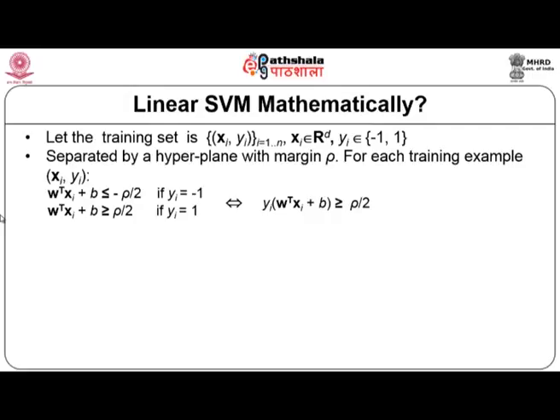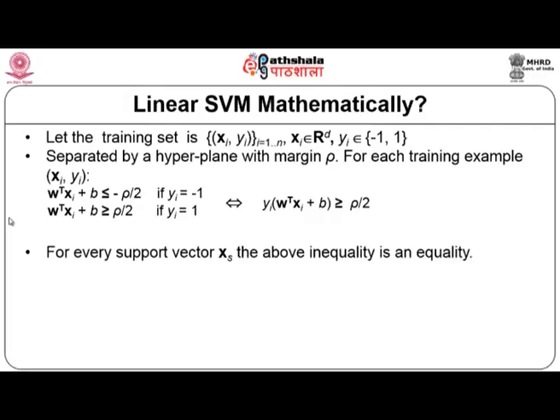For each training example xi, yi, wt xi plus b is less than or equal to minus rho by 2 if it is on the negative side, and it is greater than or equal to rho by 2 if it is on the positive side. So, you can say that yi times wt xi plus b is greater than or equal to rho by 2. So, that is how you talk about this. Depending on that you will get it as minus 1 or plus 1.